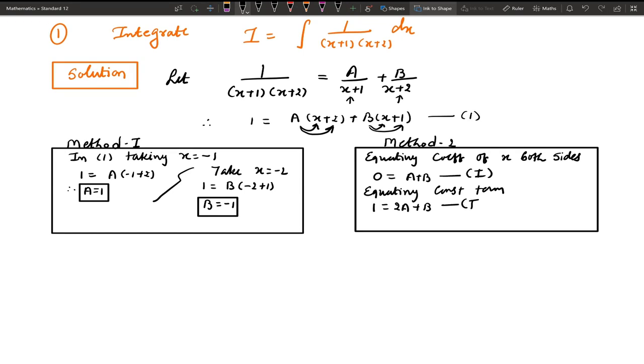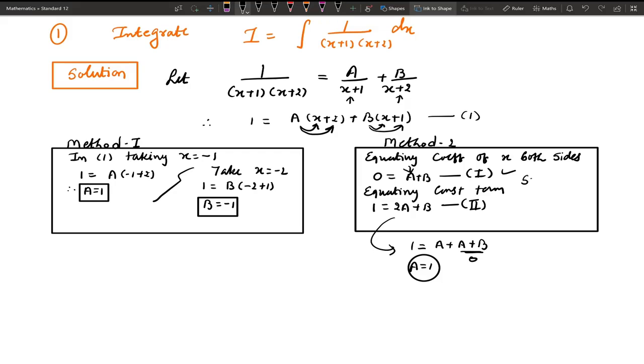So solving these two equations for a and b, two unknowns, two equations, you can observe 1 equal to 2a plus b can be written as a plus a plus b, but by equation 1 a plus b is 0, so a equal to 1, and putting a equal to 1 here, you will get b equal to minus 1.